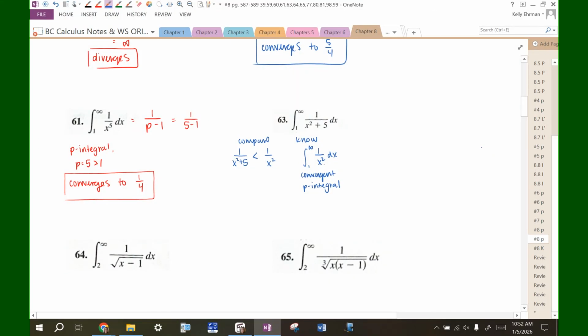So if this one is fast enough, then one that decreases even faster, because the graph would be sitting underneath 1 over x squared, also has to converge. So by DCT, this integral, 1 over x squared plus 5 dx, also converges.